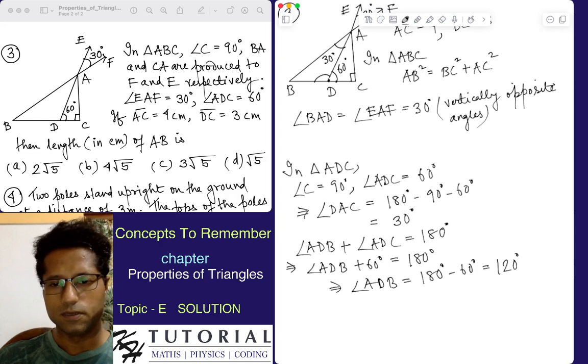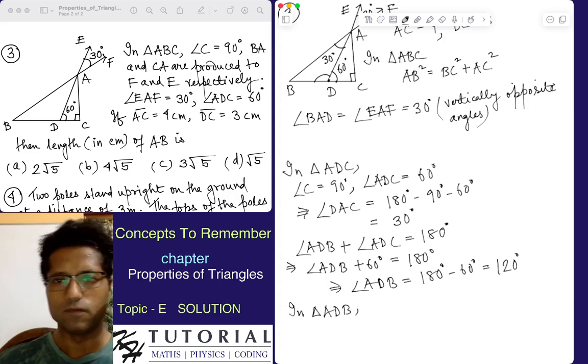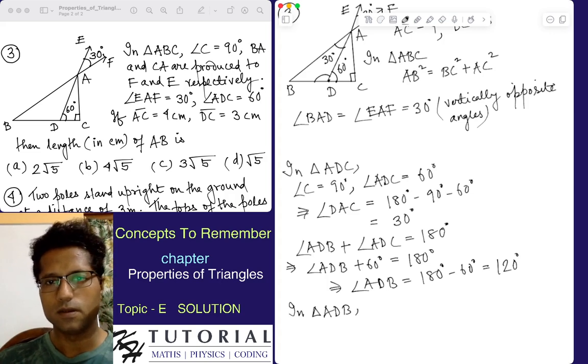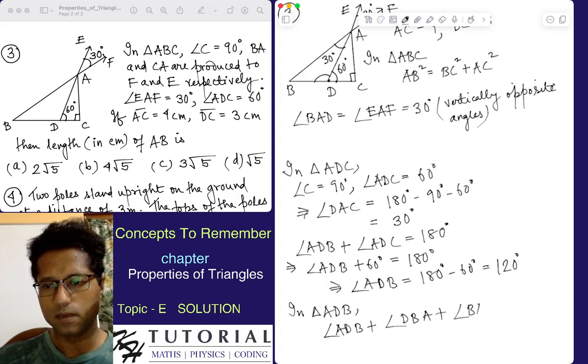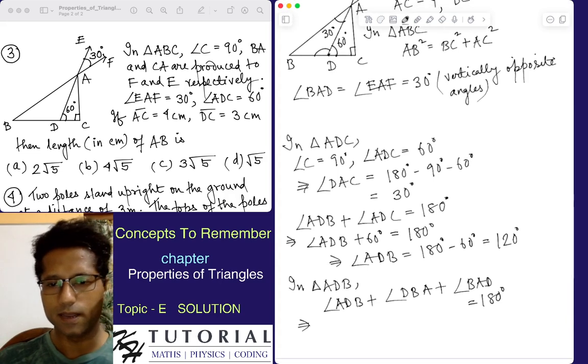Now in triangle ADB, the sum of its angles must add up to 180 degrees. So we must have angle ADB plus angle DBA plus angle BAD equals 180 degrees. Angle ADB is 120 degrees, we just found.